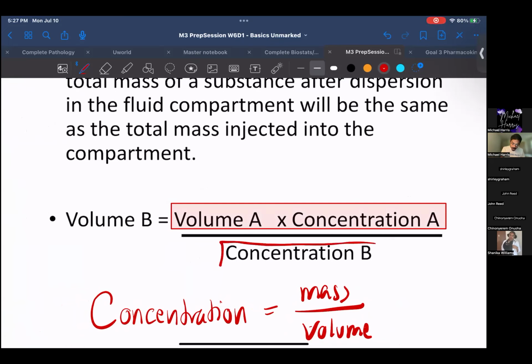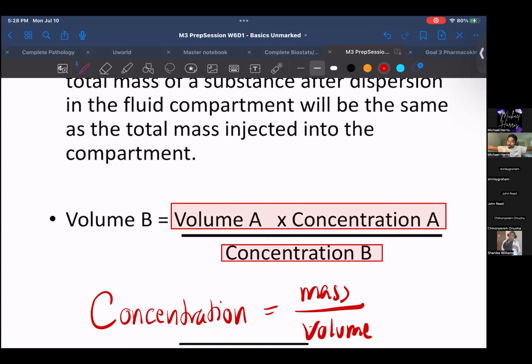This here ends up being the plasma concentration, because you can draw someone's blood after giving them a mass. You can draw the blood to see how much of the drug has dissipated in a volume, right?